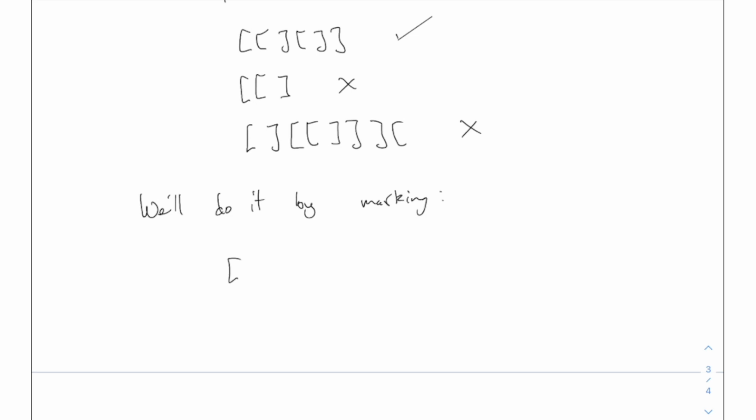If I have a string of brackets like this, I think this one actually matches. Think about how the machine is supposed to handle this. I start on the leftmost one, mark it off, and then go down the list and find the one it matches with and mark that one off. The question is, how do you know which one it matches?